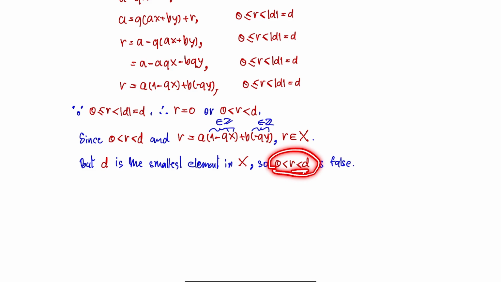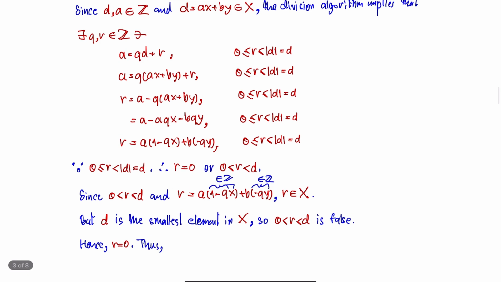So the only thing that is true is r equals 0. Hence, r equals 0. So go back to here: a equals qd plus r, which equals qd plus 0, which equals qd.